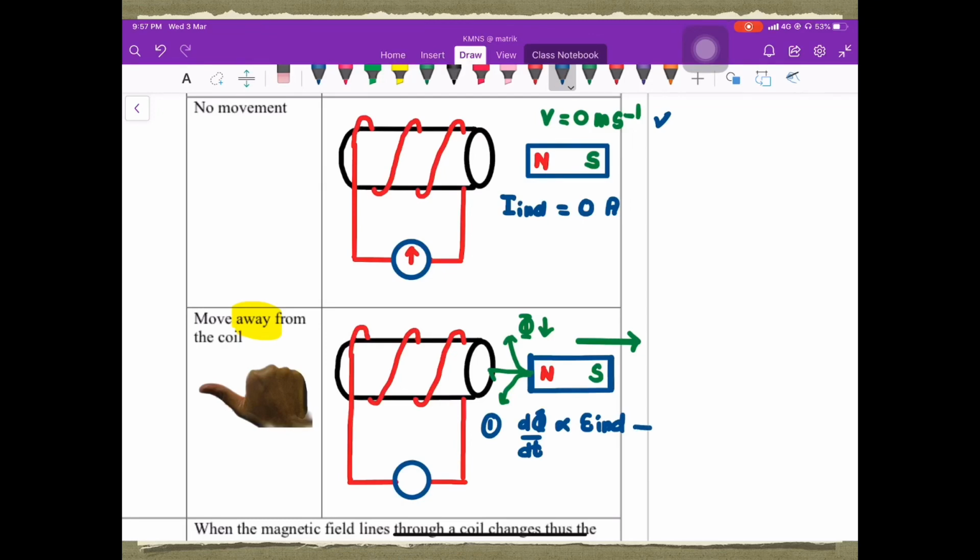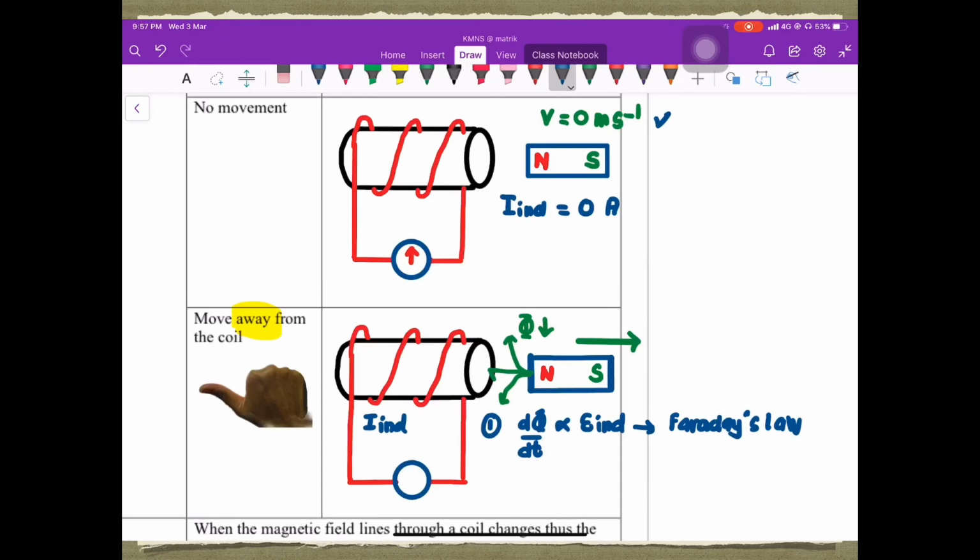This is Faraday's law. Any change in the magnetic flux will produce induced EMF, meaning here it will produce induced current.